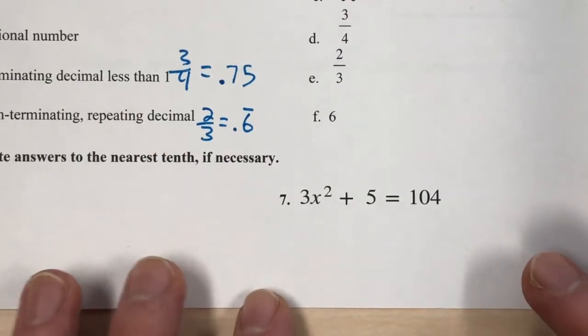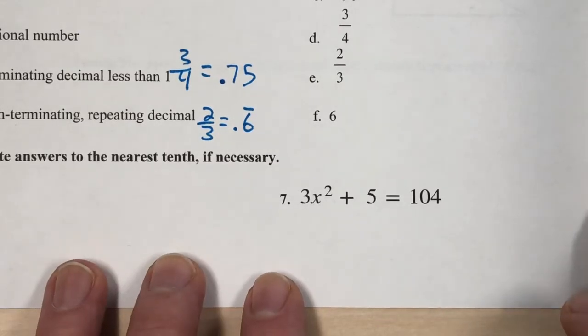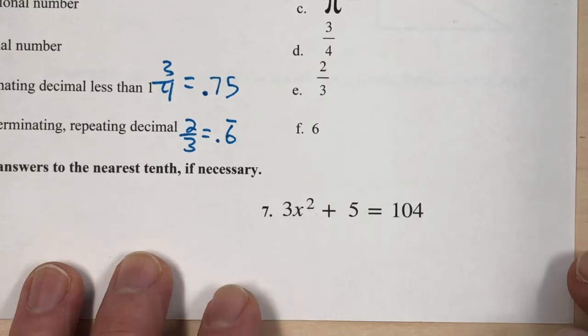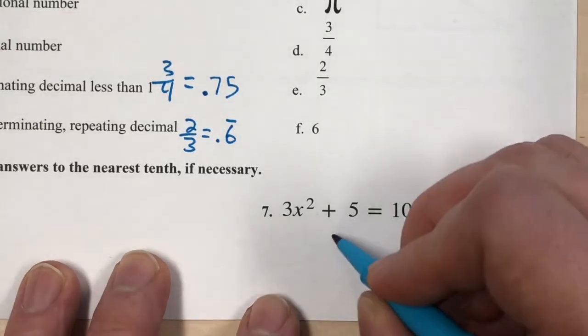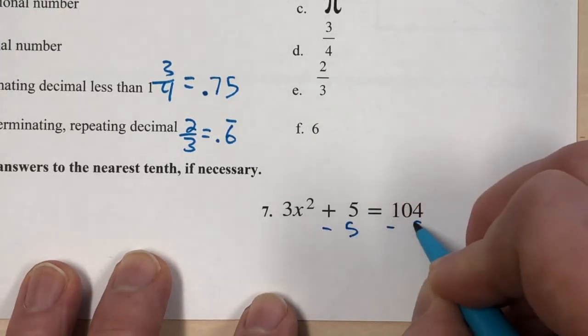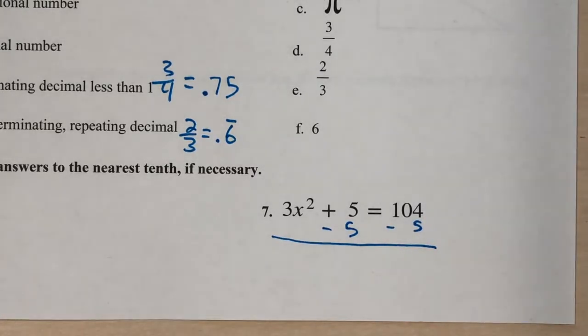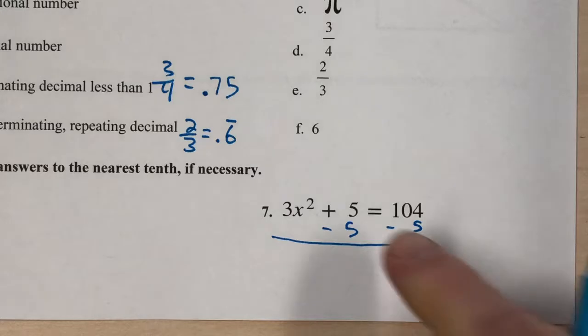7's a little bit more tricky, and we can't use a calculator, so we're going to have to estimate this final square root. It won't be a nice even number. The first thing I'm going to do is subtract 5 from both sides because I'm going to undo this, the opposite of PEMDAS. So we go SADMAP, I should say. And so we're eliminating that addition.